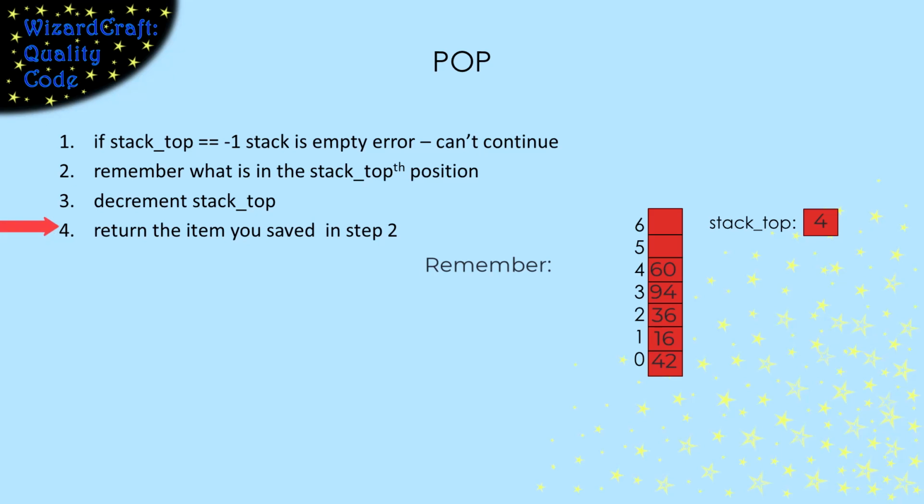If we keep doing this, we get everything back up to the 42. At that point, the stack is empty, and we know that because stack top has become -1 again.